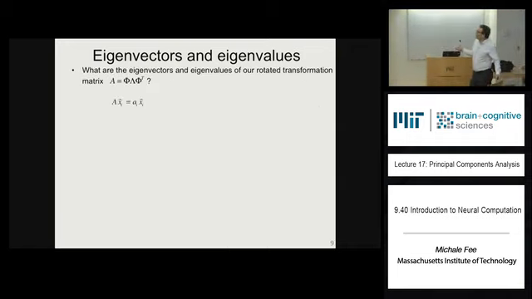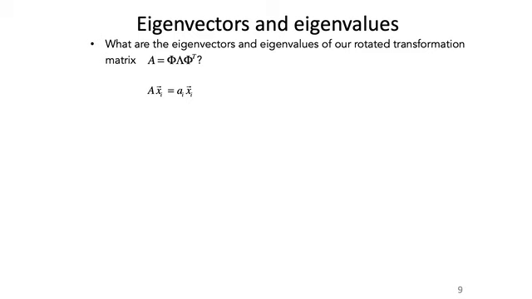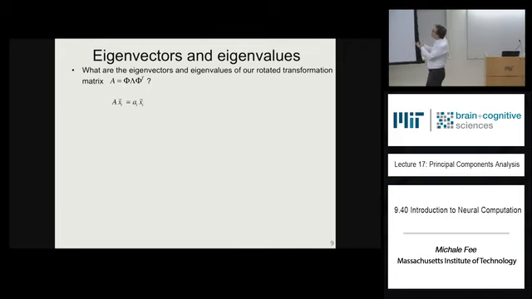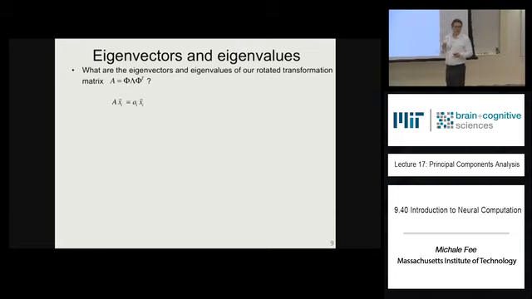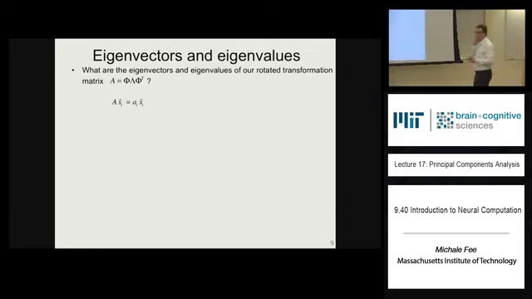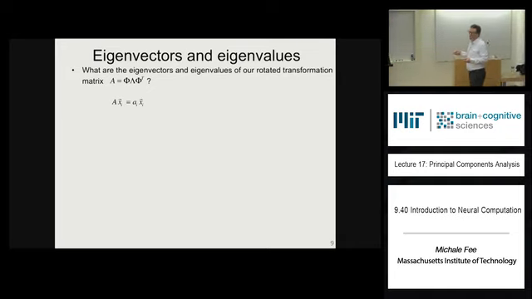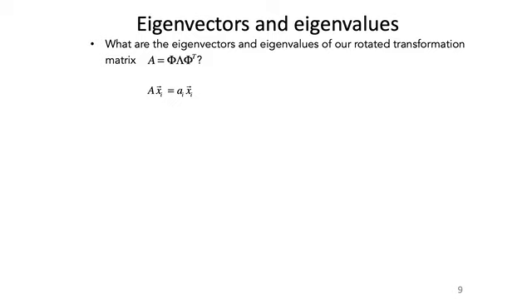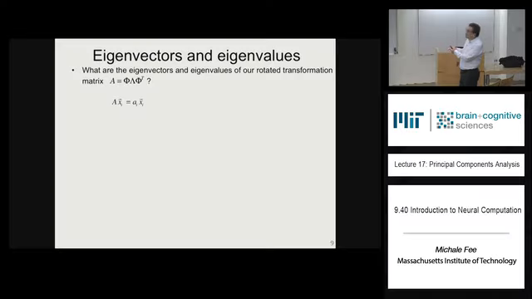So in general, let's calculate the eigenvectors and eigenvalues for a general rotated transformation matrix. All right, let's take this matrix A and multiply it by a vector x. We're going to ask what vectors x satisfy the property that when they're multiplied by A they equal a constant times x.